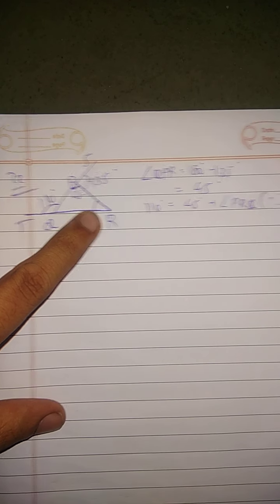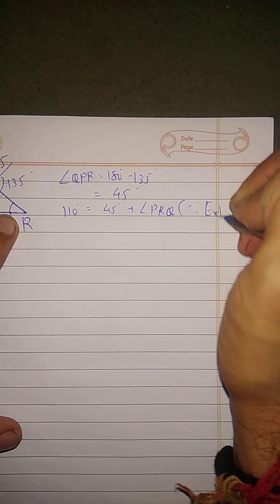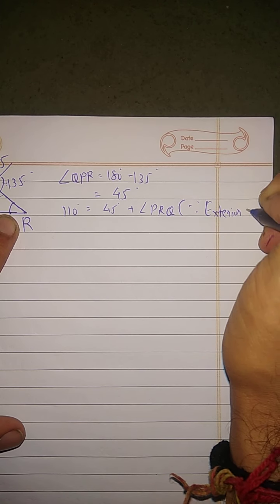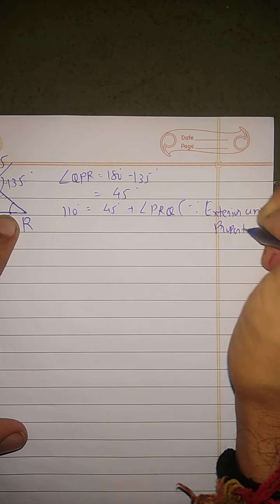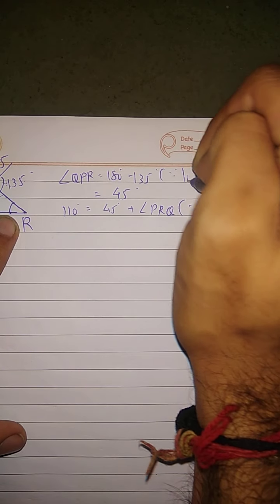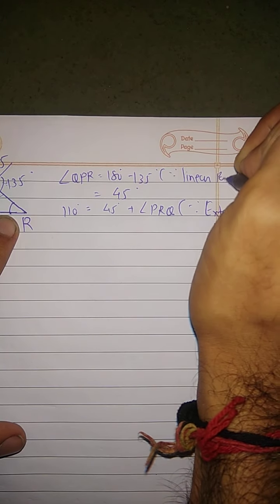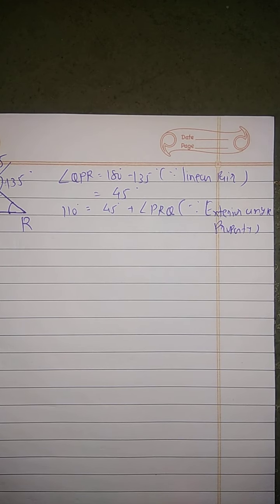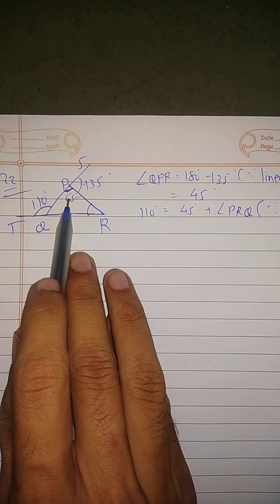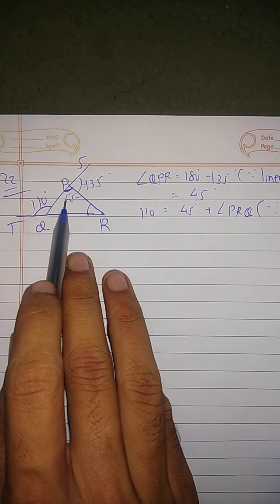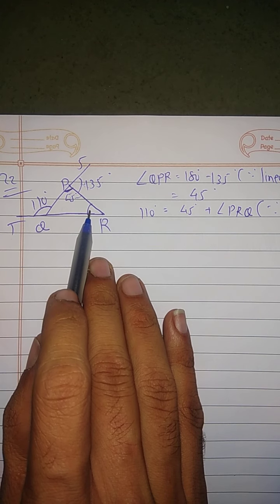Okay, the reason is exterior angle property. Here, linear pair. Okay, so exterior angle 110 is equal to the addition of these two angles. This is 45, so 45 plus this angle.